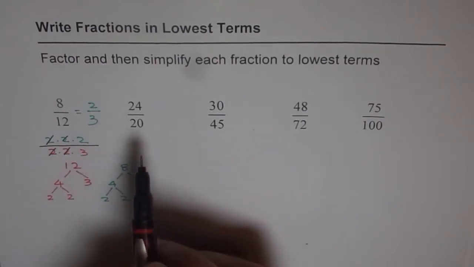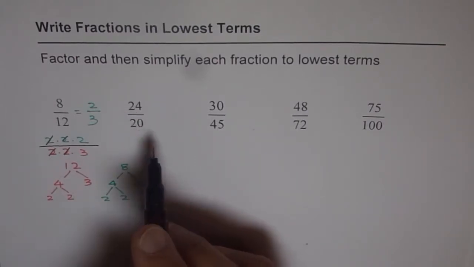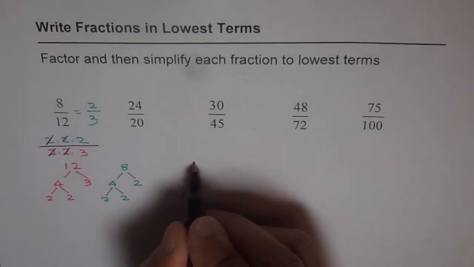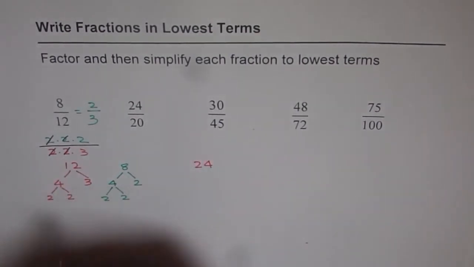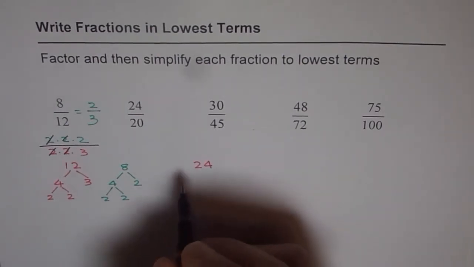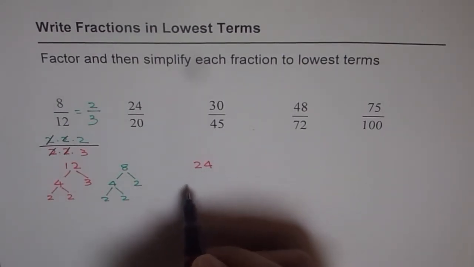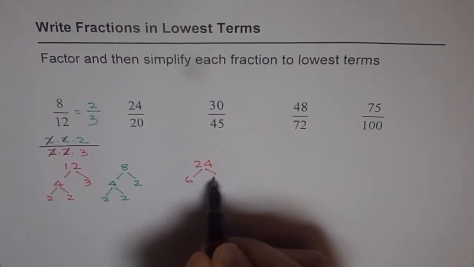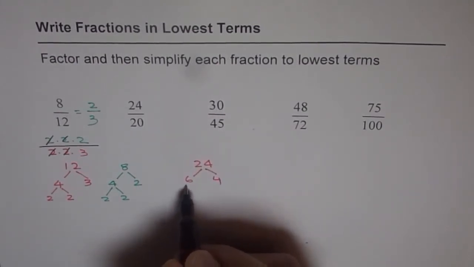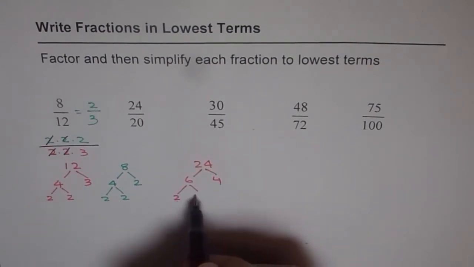Now let's do one more, which is 24 over 20. Now can you help me to factorize 24? Make a tree and write it in factored form. Let's search for its prime factors. 24 could be written as 6 times 4, right? And 6 is 2 times 3.